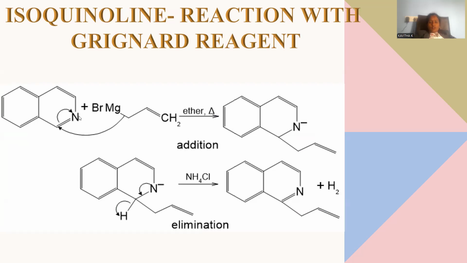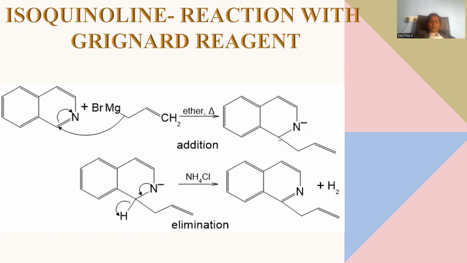Nitrogen being electronegative accepts the electrons, getting a negative charge, and the electron deficiency is experienced by position number 1. That's the reason why the nucleophilic alkyl group, the magnesium-attached alkyl group, a negatively charged carbanion, will attack position 1, and C-alkylation is the consequence.